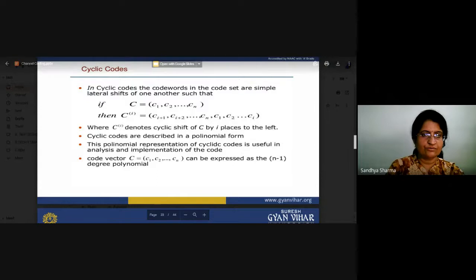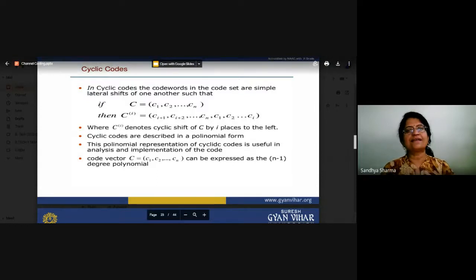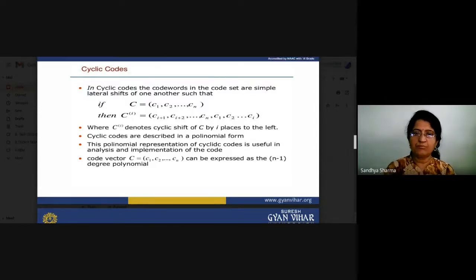Here Ci denotes the cyclic shift of C by i places to the left, and cyclic codes are described in polynomial form. This polynomial representation of cyclic code is useful in analysis and implementation of the code.